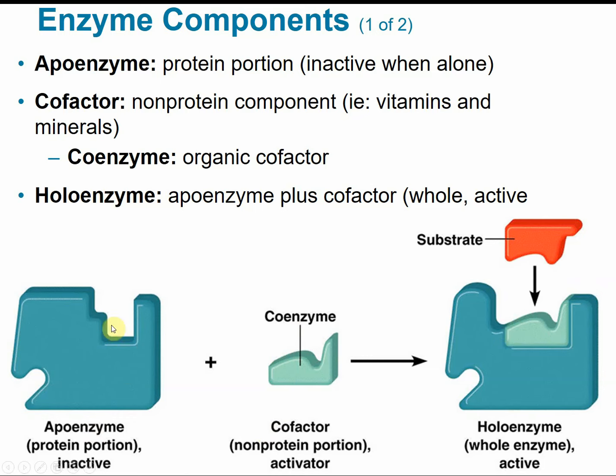So see, before we had that coenzyme or cofactor, right, our substrate's not going to fit in this spot. So coenzymes, cofactors could be things like vitamins and minerals. Right? So if it's an organic cofactor, it's referred to as a coenzyme. So the entire whole active enzyme is called the holoenzyme. So it's your apoenzyme plus the cofactor. So now our active site is the correct shape, and this is an active enzyme.